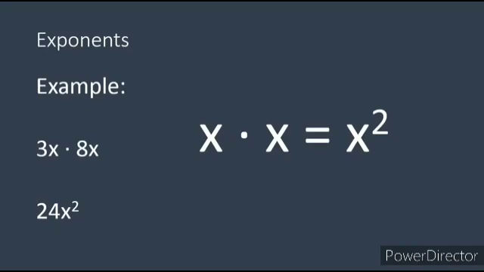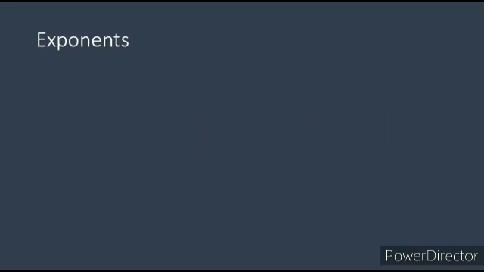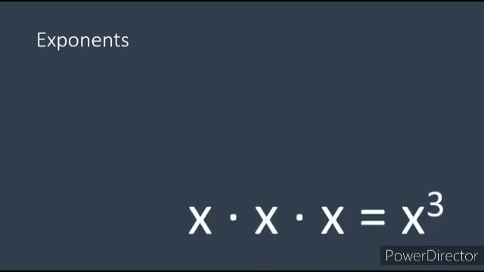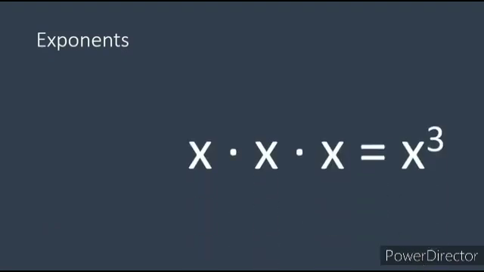Children, how many times your variable, the same variable is multiplying, that much of times you write the number in the power. Understand? So now if the same variable is repeated 3 times, then you can write directly x to the power of 3.